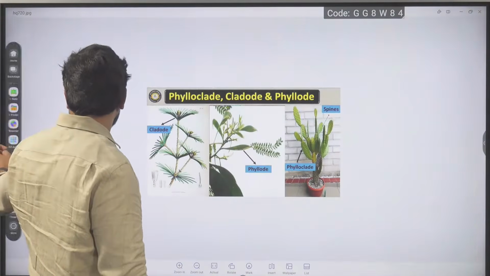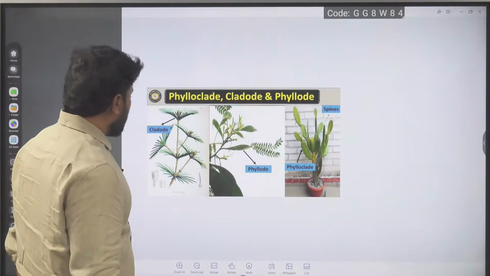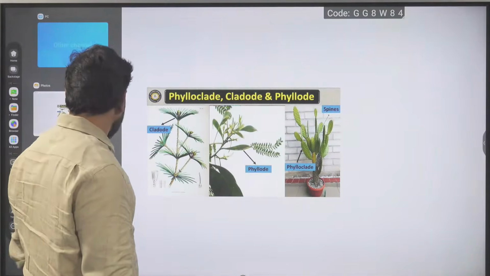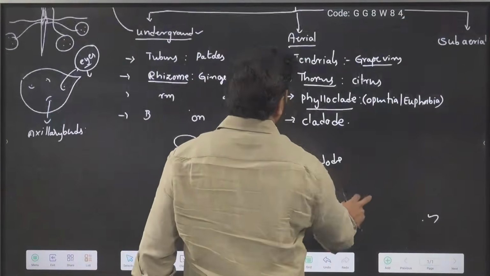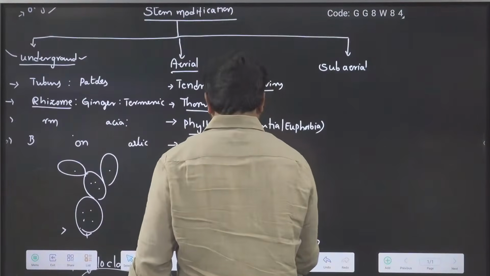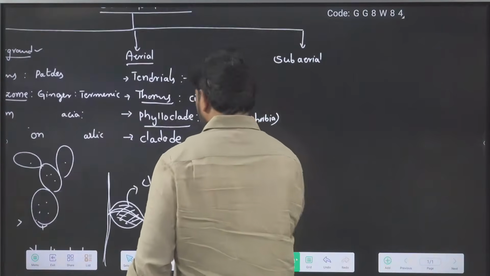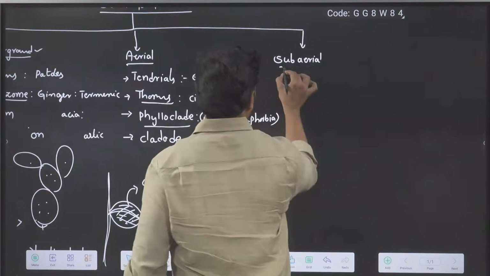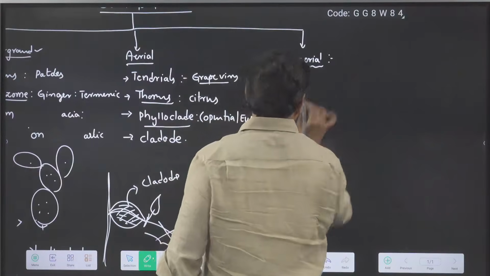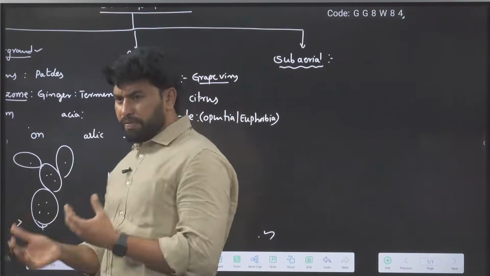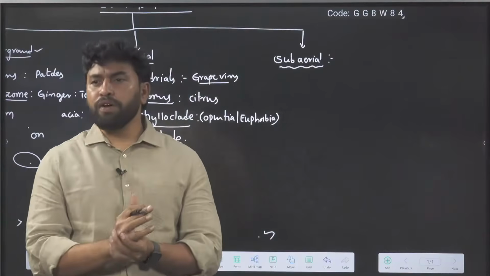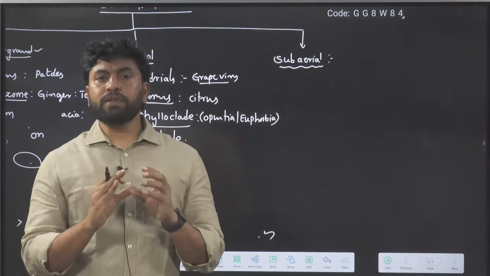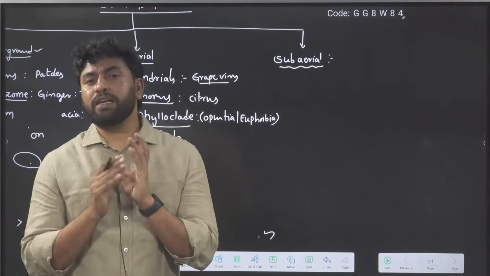Next, go to another modification of the stem, that is subaerial stem modifications. When you talk about subaerial stem modifications, instead of stem modifications, we can say modes of vegetative reproduction that occur in the stem.